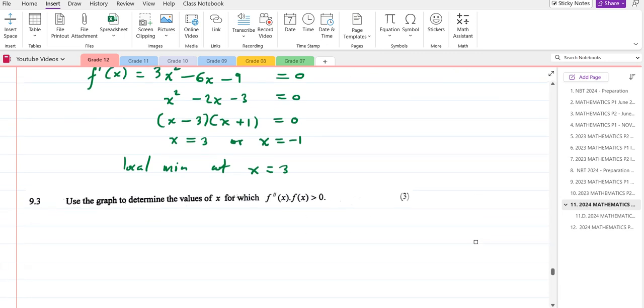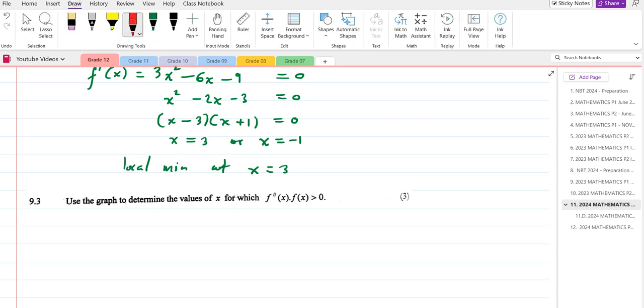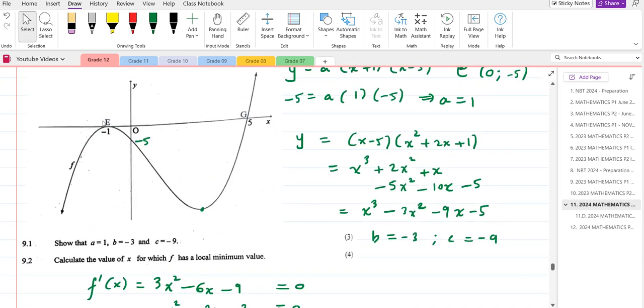We're looking for negative times negative is positive: the negative over here means concave down, and this one here means below the x-axis. Or you can get positive times positive: positive here means concave up, and this positive means above the x-axis. So we're checking for concavity. First we're going to find where it's concave up. We can take the two x values and divide by 2.